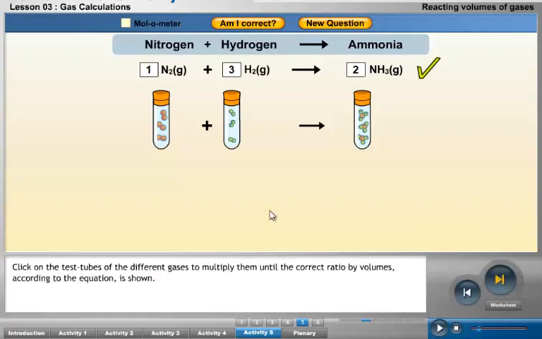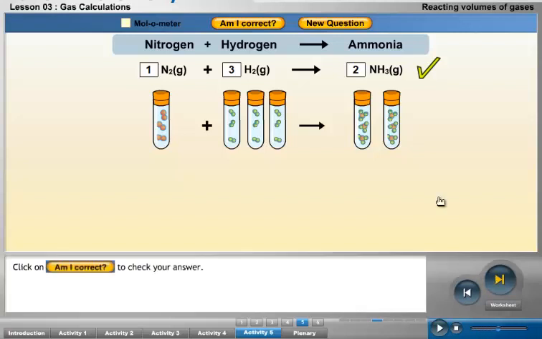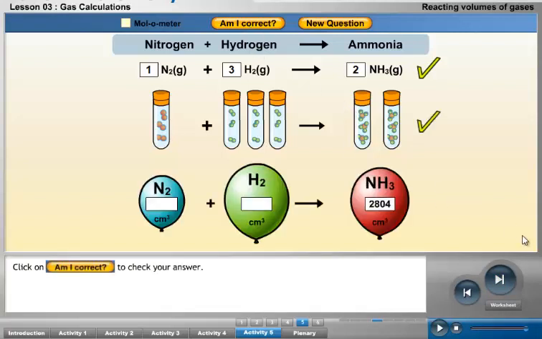Click on the test tubes of the different gases to multiply them until the correct ratio by volumes according to the equation is shown. Click on Am I correct to check your answer.